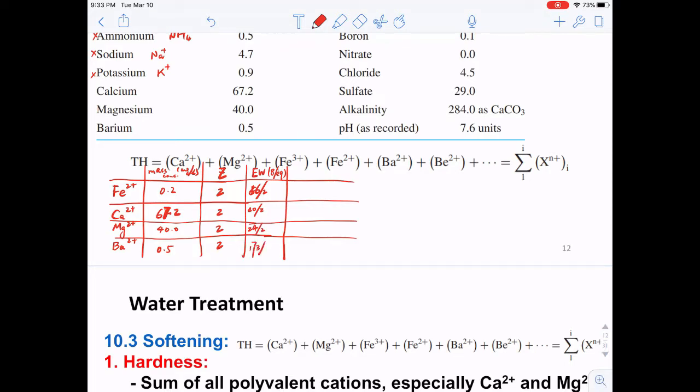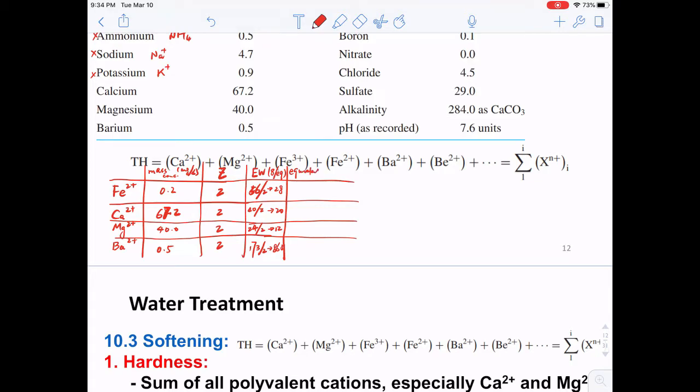And barium, 173 divided by 2. If you calculate that, this is 28, this is 20, this is 12, and this is 86.5.